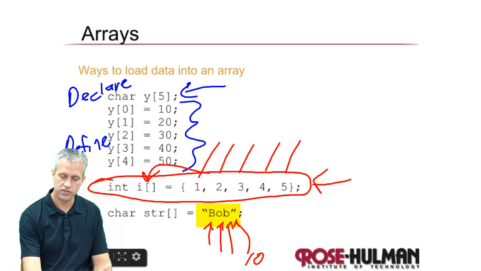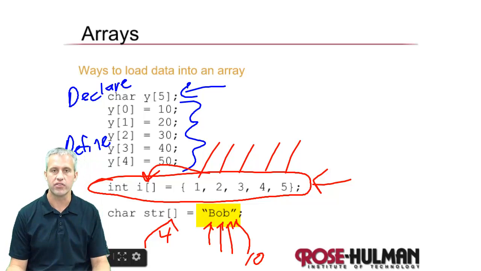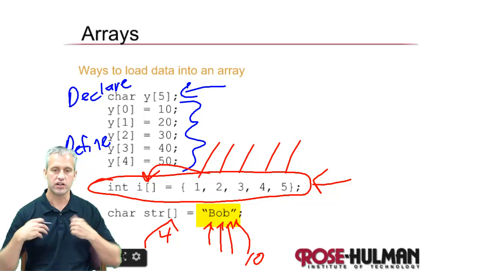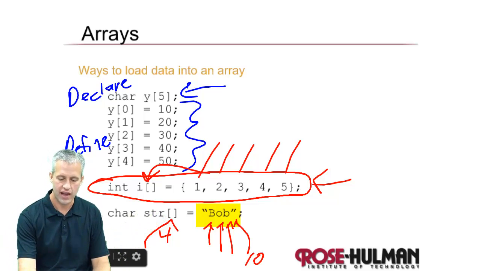So it's an array that actually is of size 4. You did not have to put it in because it figured out that it was size 4 because you had 3 characters and the null terminator. But that's another special way you can declare and define an array all in one, and it's using ASCII.